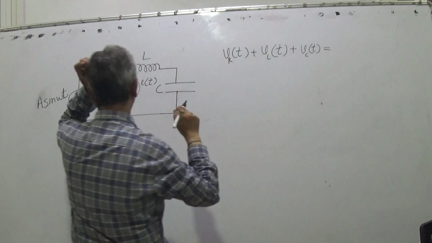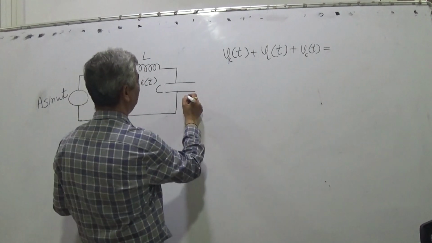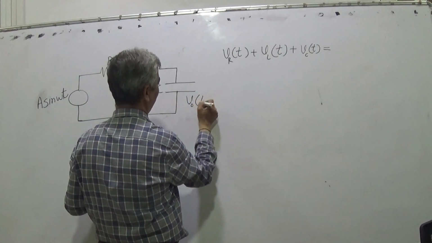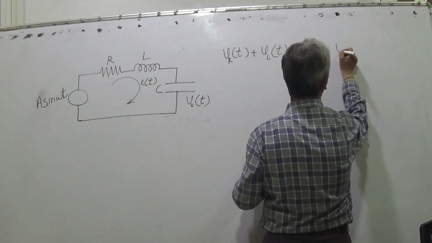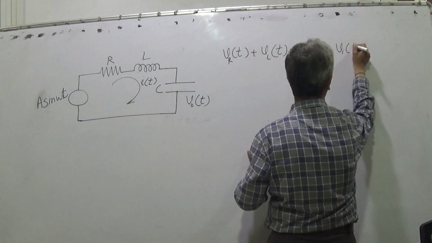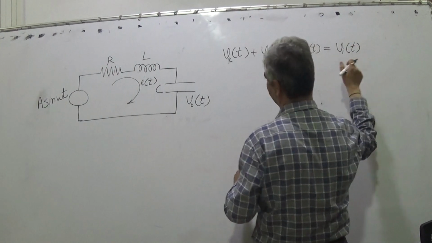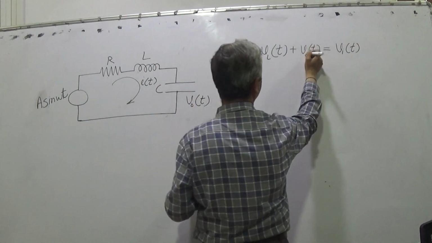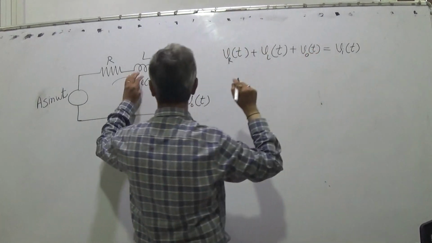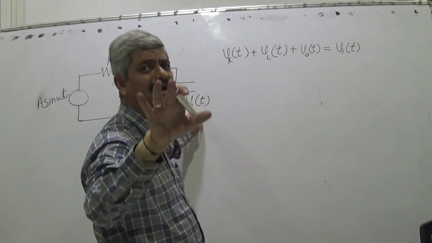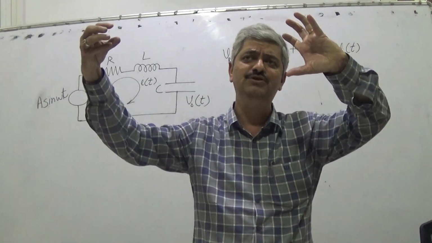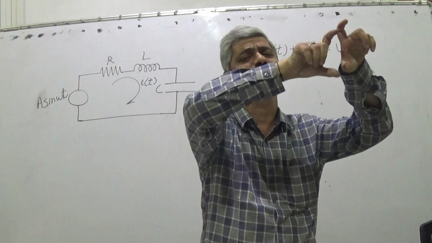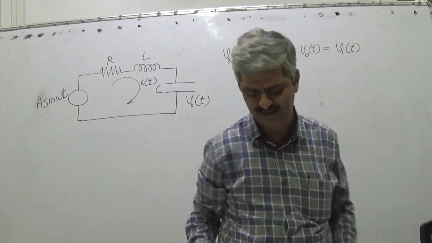Either you can find i(t), or you can be asked to find the output Vo(t), which is V in(t) equal to A sin omega t. So VC(t) I can call Vo(t). For an RLC circuit, if I connect an input, what will be the output at some component? Either this or anything can be asked.